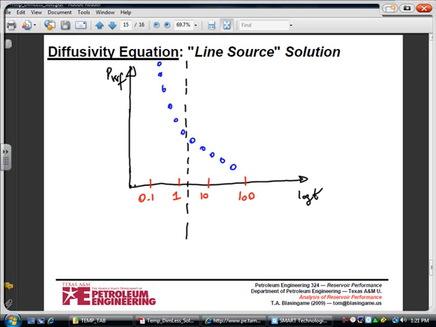When you see the straight line, then you are in infinite acting radial flow, okay? And then what you are going to do, you know that in the infinite acting radial flow, it's a straight line, so you are going to fit this part of the data with a straight line.